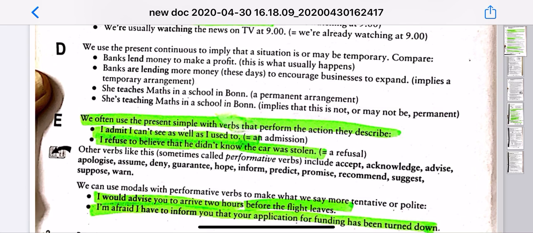Now, if we have to talk about these days' activities: banks are lending more money to encourage businesses to expand. This implies a temporary arrangement. This is not a permanent arrangement, this is a temporary arrangement. So, banks are opening for 3 hours these days.